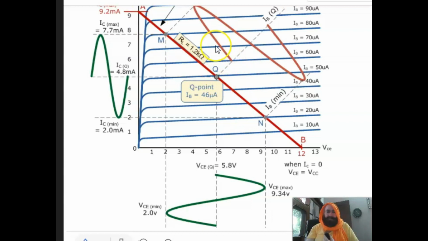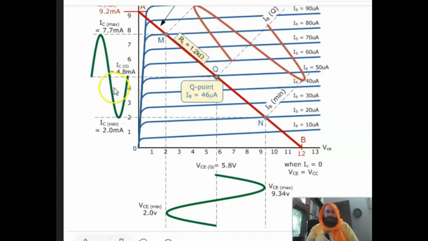Now when the signal comes and it swings like this, that is the swing of the incoming signal, and the base current fluctuates from 50 to 80 microampere, 80 back to 50, then going down to 20 microampere, then back to the normal value of 50 microampere.